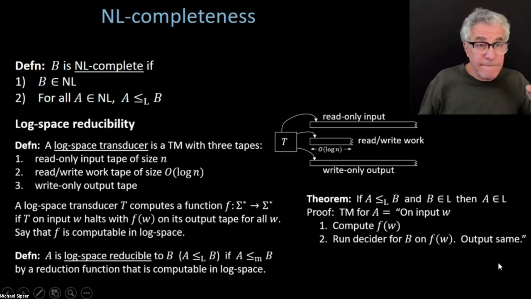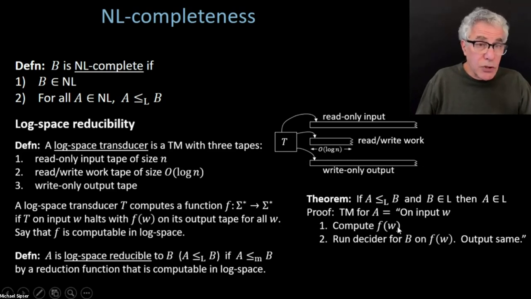If you're following me, there is a problem here, because we're trying to give a log space algorithm for A, and that algorithm is going to be computing this reduction function, mapping W to f of W. F of W might itself be very large, as this picture suggests.